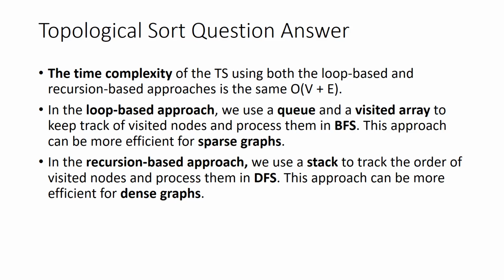This approach can be more efficient for sparse graphs. In the recursion-based approach, we use a stack to track the order of the visited nodes and process them in DFS. This approach can be more efficient for dense graphs.